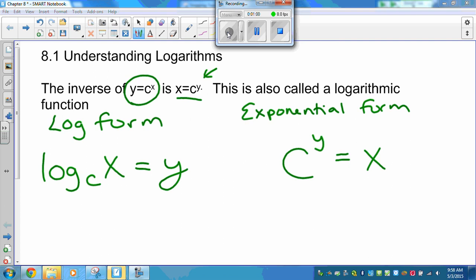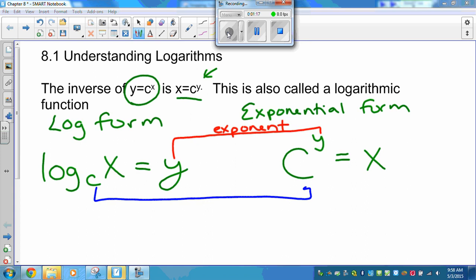A couple notes. Notice this is our exponent, and our base is down here. This is our base. These are equivalent forms of the same function, the logarithmic, which is defined as the inverse of an exponential function.